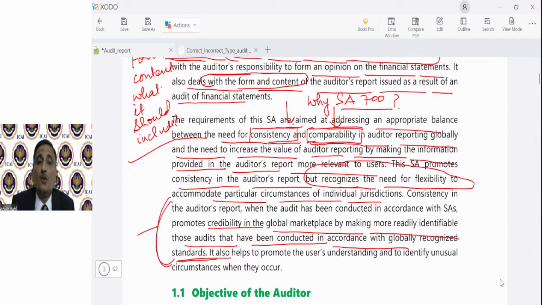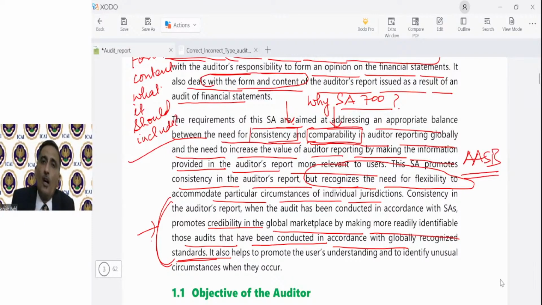So guys, when you were reading chapter 1, you had understood that standards are issued by AASB under the authority of the Council of ICAI, and ICAI is also a member of the International Federation of Accountants.